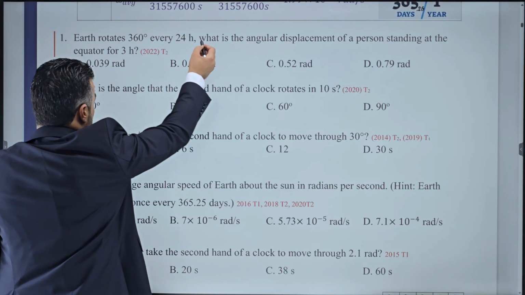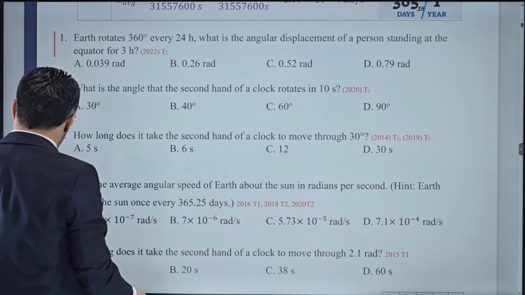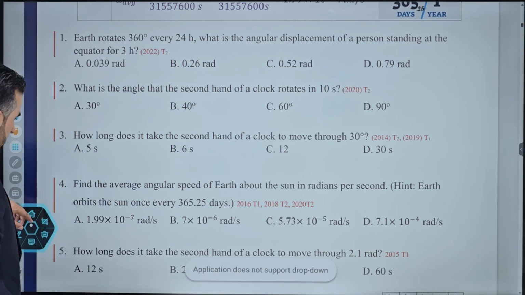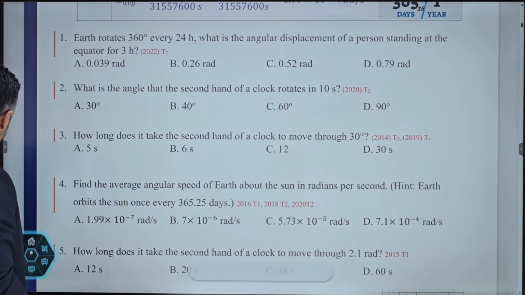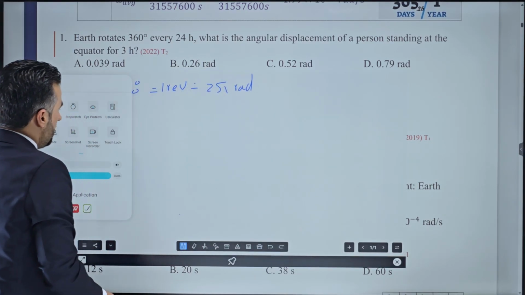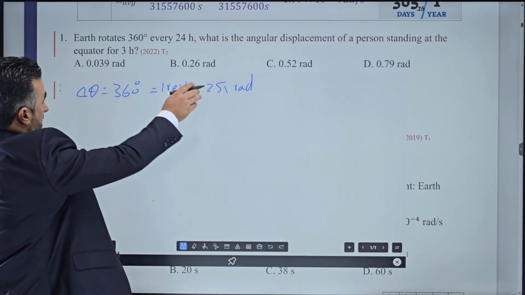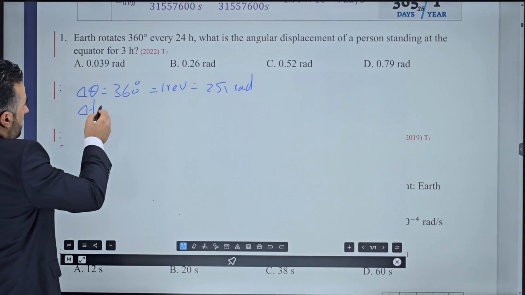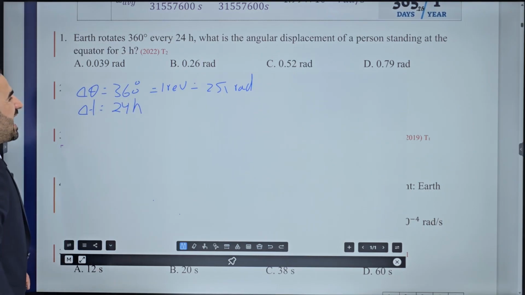It says every 24 hours. So Earth is clearly rotating this much in 24 hours. So we can say delta t is 24 hours here.